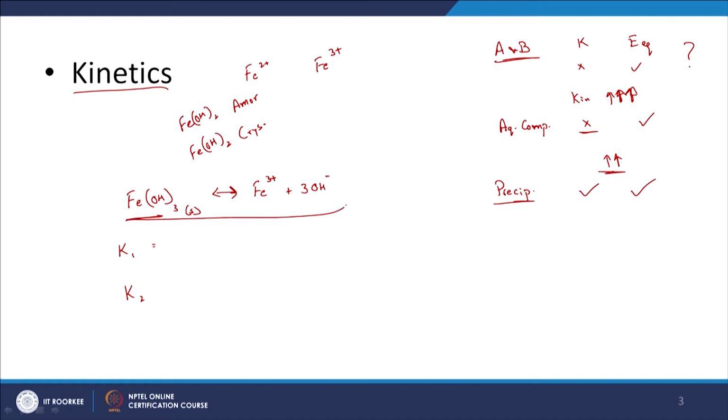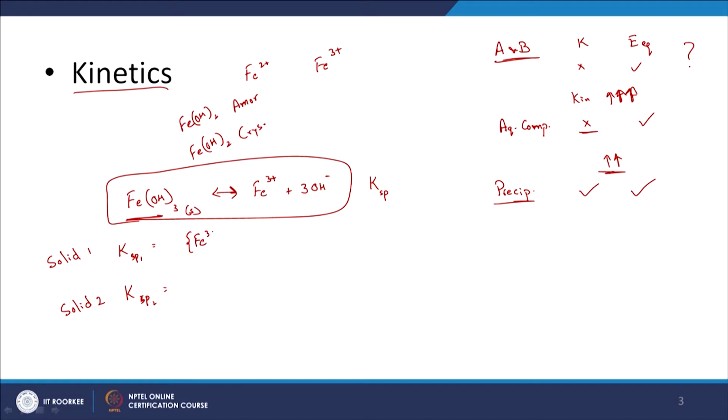The precipitation-dissolution reactions are usually written as the solid dissolving into the relevant cations and anions, keep that in mind, and the relevant equilibrium constant we call the solubility product. So Ksp1 and Ksp2, let us say, for solid 1 and solid 2. Here, what is this going to be equal to?